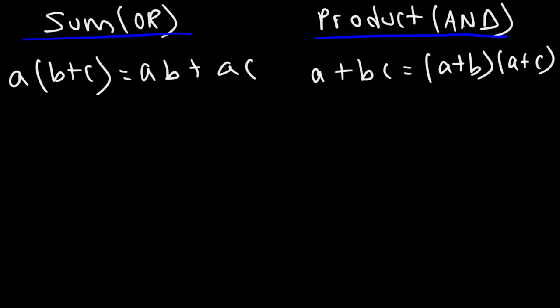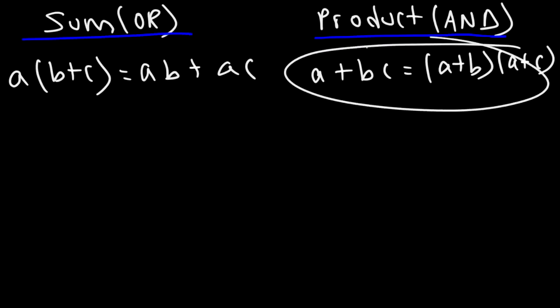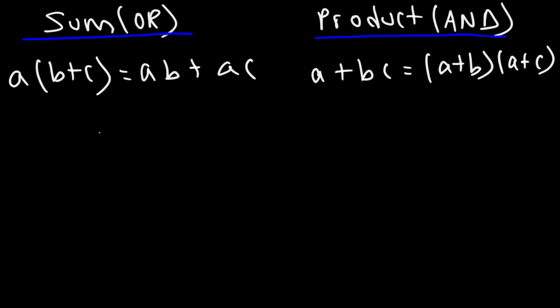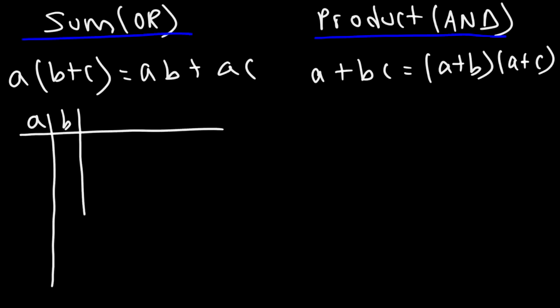You might be wondering, like, how does that work? Let's prove this using a truth table. So we have three inputs, A, B, and C, each with two states, on or off, 0 or 1. So how many combinations can be made with three variables with two states?